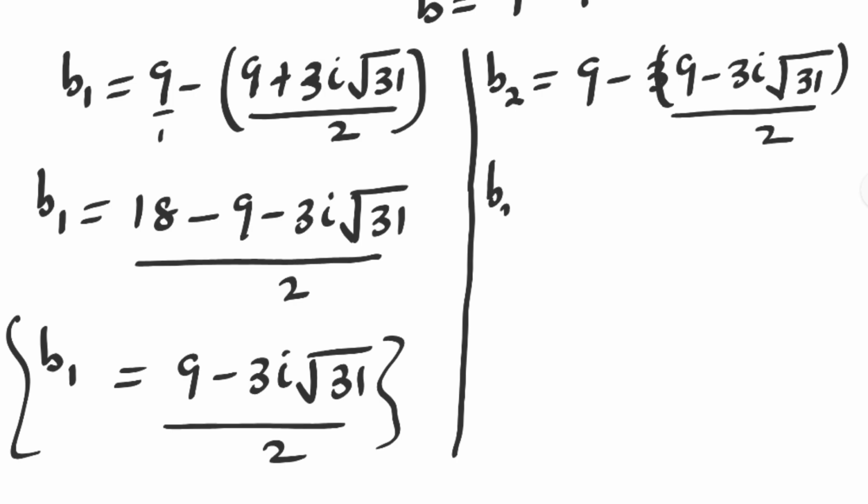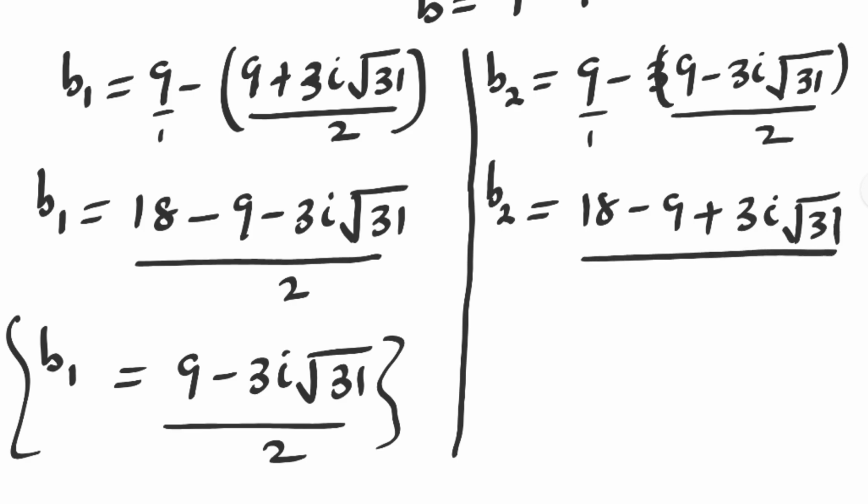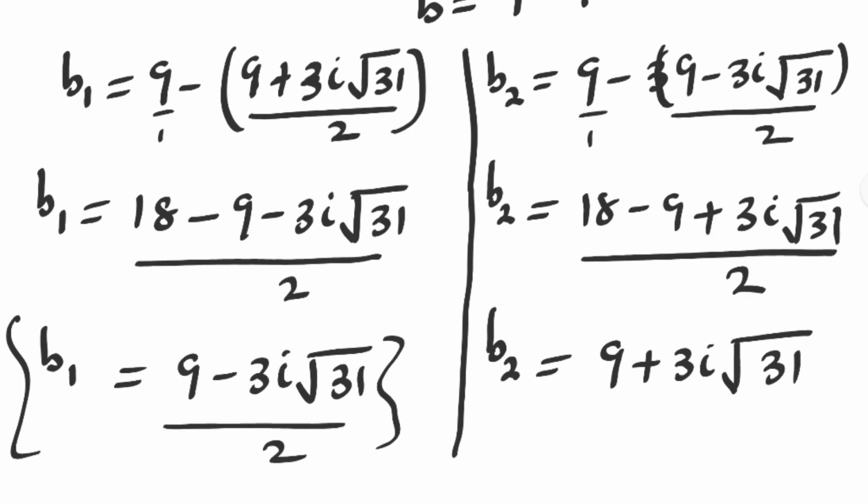Also, b2 is equal to, this is over 1. 1 into 2 times 9, 18 minus 9 plus 3i square root of 31 over 2. b2 is equal to 9 plus 3i square root of 31 over 2.